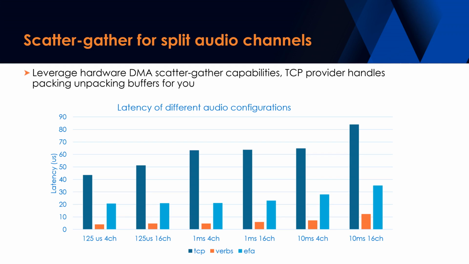Because Libfabric offers what RDMA offers, scatter-gather, so it does the unpacking and packing of these audio samples for you. It's fully offloaded. And bonus point, if you want to use TCP, it does that also, but in software. Here we can see that the latency for audio, the worst case for TCP, is around 80 microseconds, and if you use hardware acceleration, it's well below 30 microseconds.